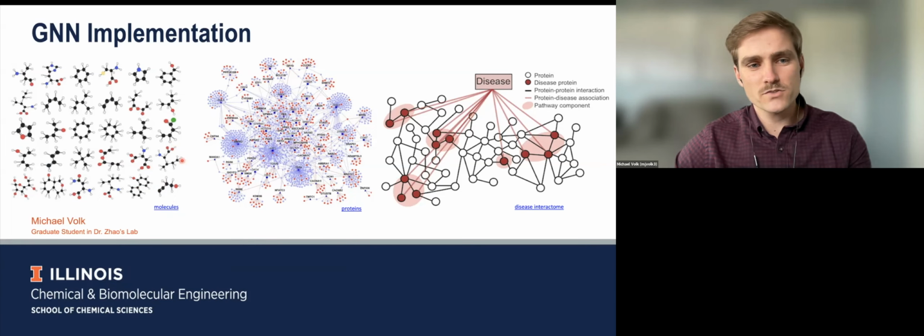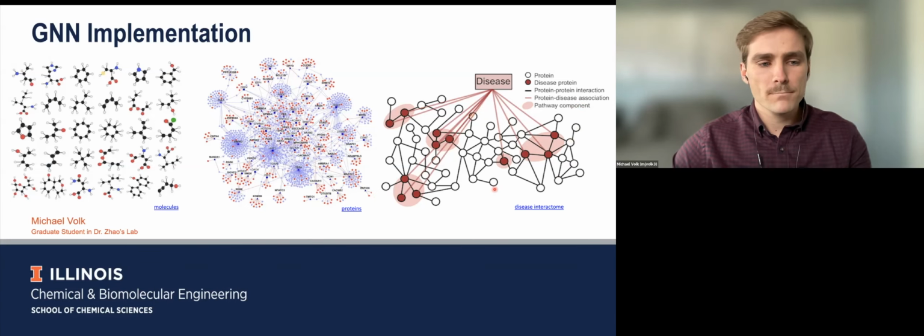It was already mentioned how molecules can be represented naturally as graphs. We also have interaction networks like the protein interaction network, and disease interactomes. These are more abstracted graphs representing things like diseases, with some protein interactions here as well.